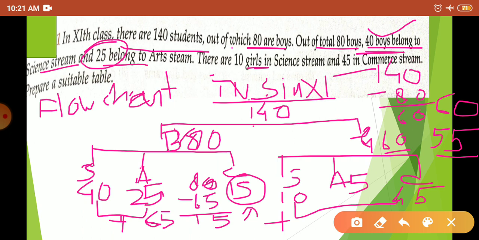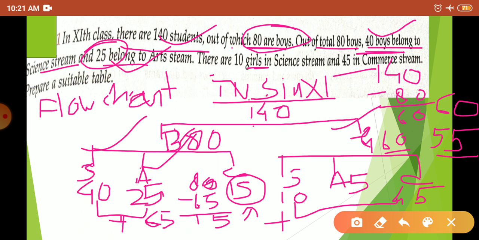Okay, so I think you are able to understand whatever information is given. First of all, note it down and then calculate it. Like here, total number of students is given, so within that 80 boys are given. When we subtract, we get the number of total girls. Okay, in boys 40 belong to science, it is given. 25 belong to arts, given. Commerce not given, so we added 40 plus 25 and then subtracted.